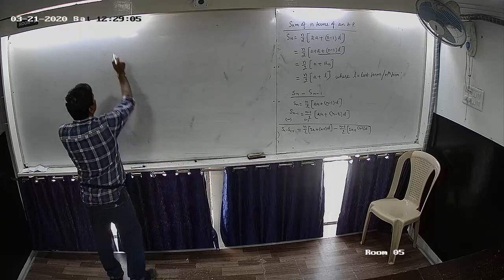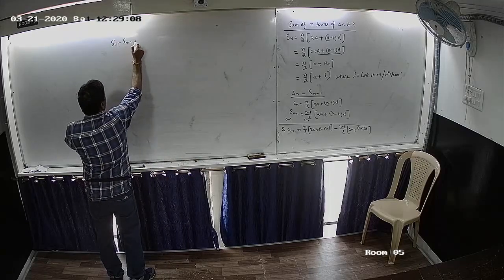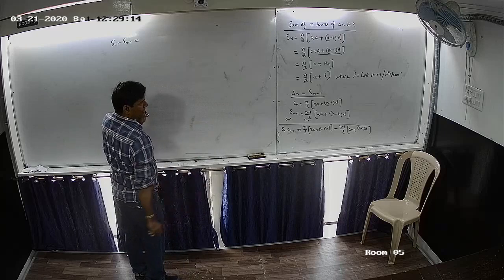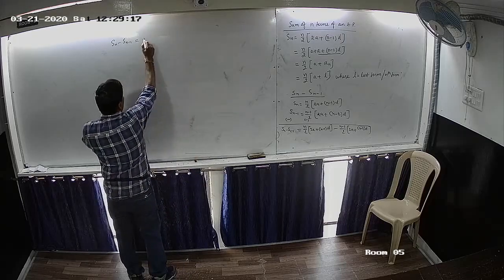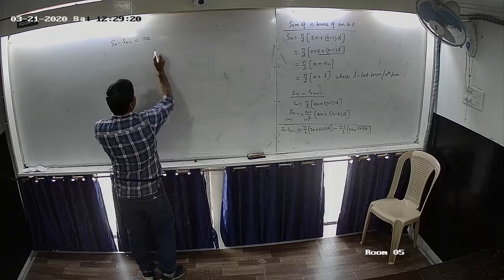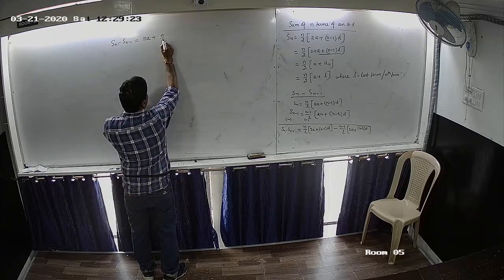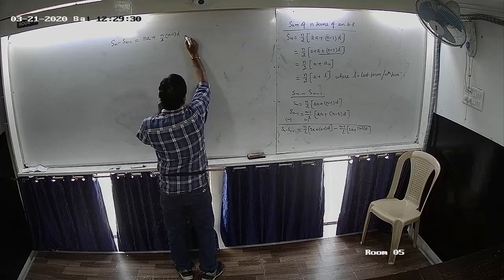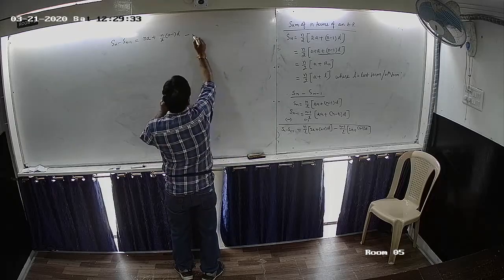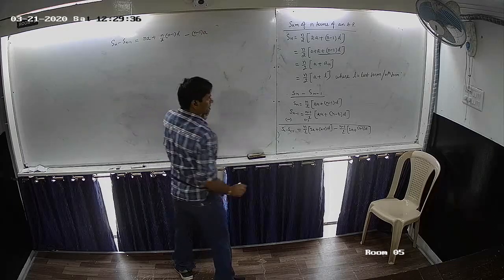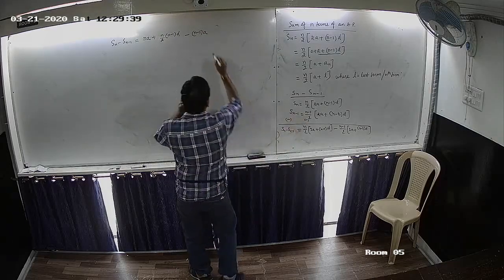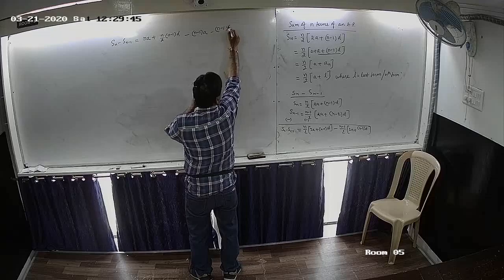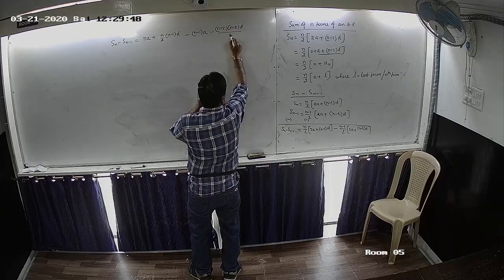What is the difference we are getting? Sn minus Sn minus 1 is equal to, multiplying that, na plus n by 2 into n minus 1 into d, minus n minus 1 into a, the 2 gets cancelled, minus n minus 1 into n minus 2 into d by 2.